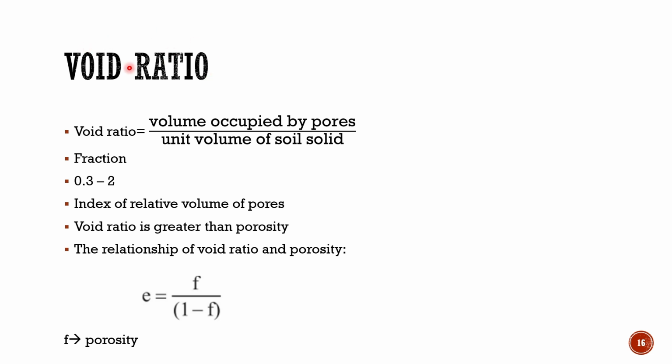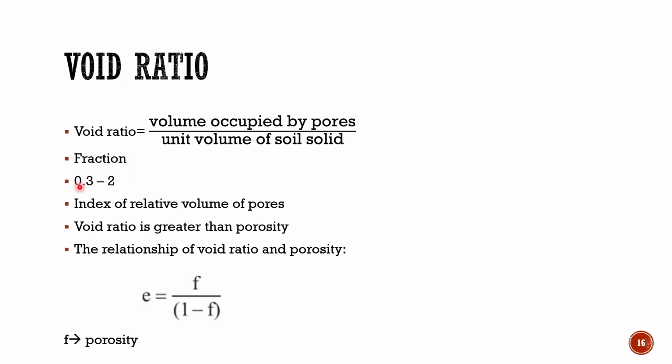Void means pore, so void ratio means the volume occupied by the pores per unit volume of soil solid. We represent it as a fraction. Porosity we represent as a percentage, or we can represent it as a fraction also, but void ratio is a fraction.